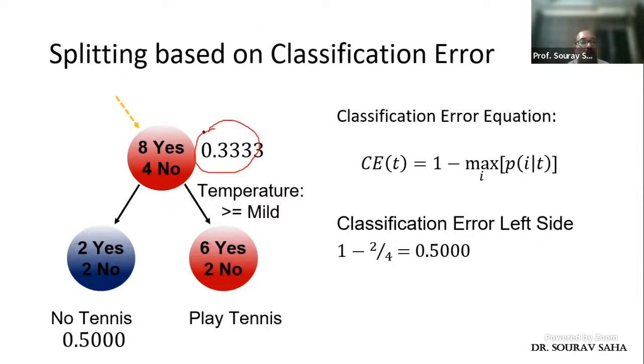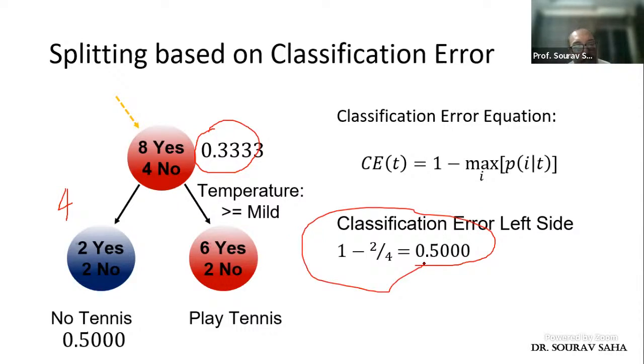Coming to this particular part, I have 4 data points, of which 2 are saying yes and 2 are saying no. That means it is 1 minus the maximum of 2 by 4, comma 2 by 4, which is 1 minus 2 by 4. So this is 0.5.